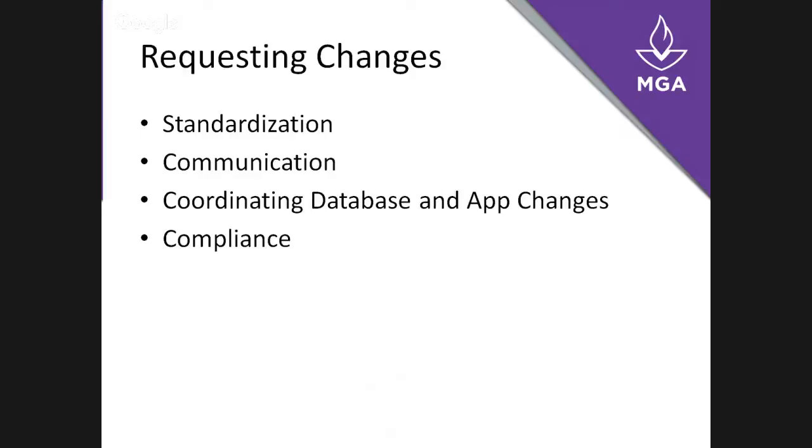As far as requesting changes, it's kind of interesting because I have more experience of this probably at the security level than I do at the application level, because we do have needs that occur both at the application level and at the database level, but normally those are pushed out to us, and we're told what is supported by the University System of Georgia.